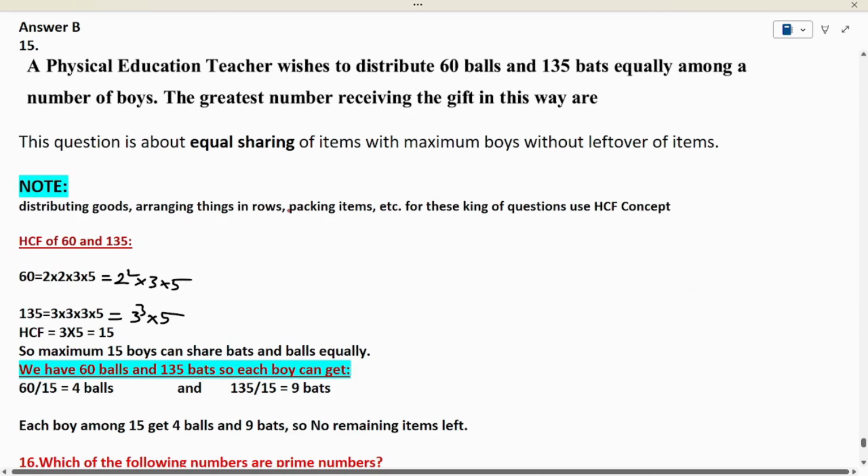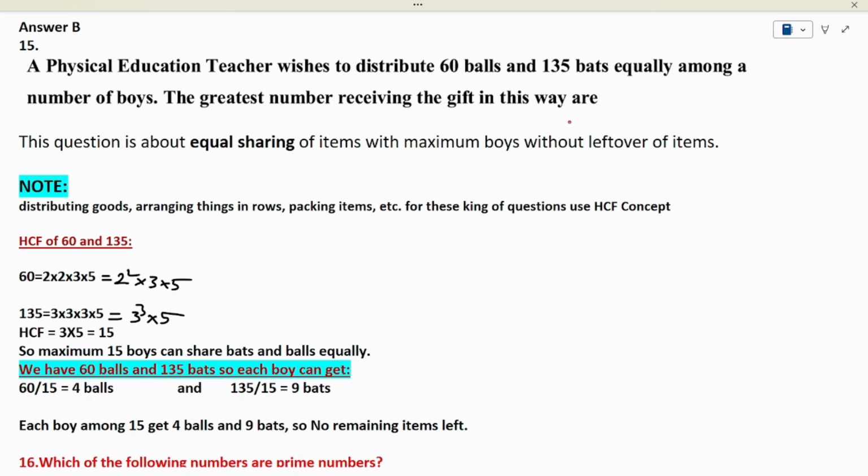Question number 15. A physical education teacher wishes to distribute 60 balls and 135 bats equally among a number of boys. The greatest number of boys receiving the gift in this way is... Here the question is simple. A PD teacher has 60 balls and 135 bats.